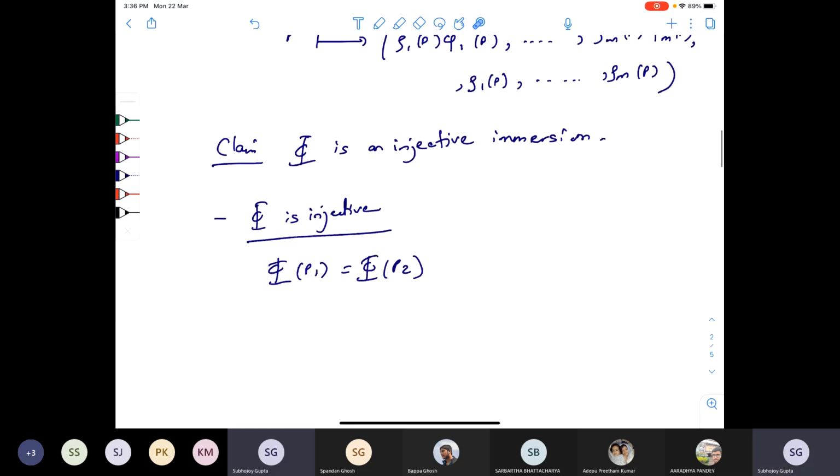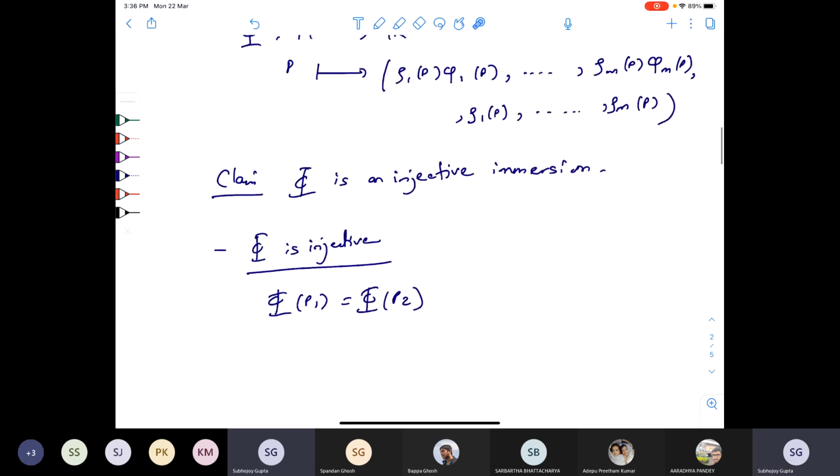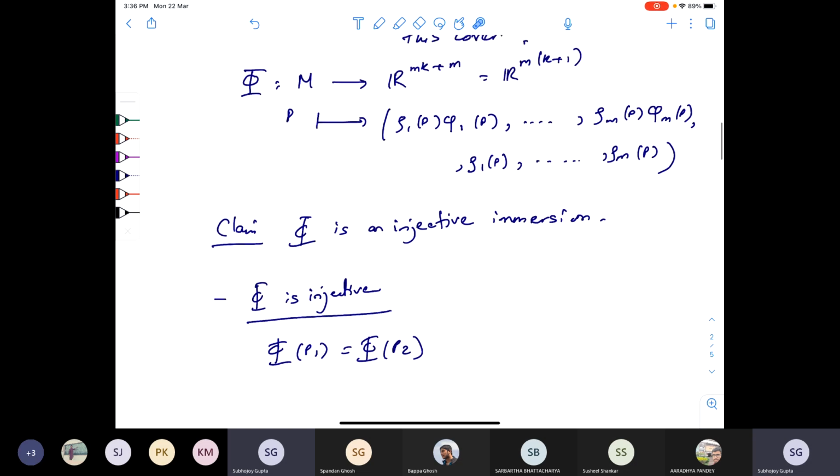Let's look at these entries, rho 1, rho 2, etc. Not all of them can be 0, because any point P belongs to the support of one of these rhos. That's how we construct partitions of unity: they have to add up to 1, so they can't all be 0.